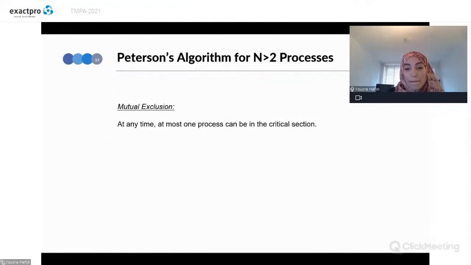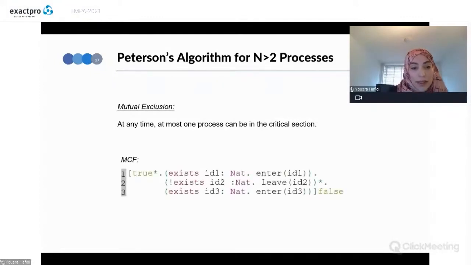This is a mutual exclusion property that says that at any time, at most one process can be in the critical section. This is formalized by saying that invariantly there are no two consecutive enters without an intermediate leave.